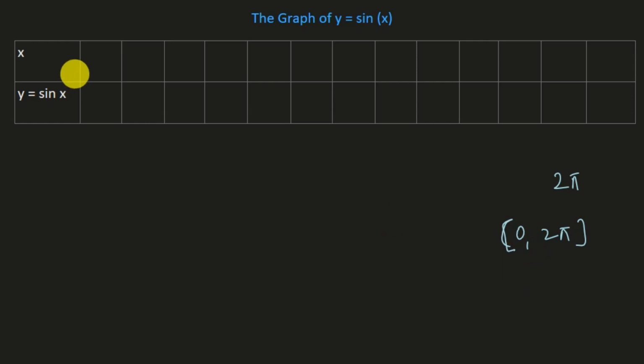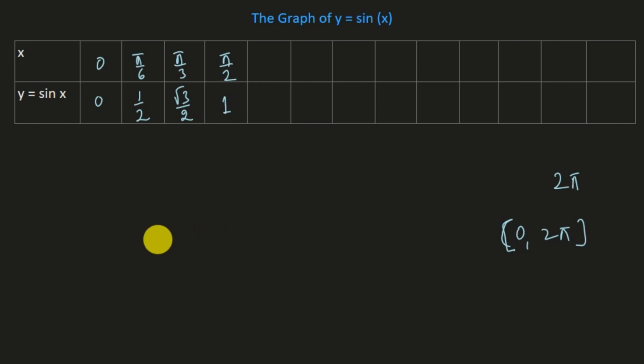So when x is 0, what is the value of y? y is also 0, because sine 0 is 0. Now when x is pi by 6, then y would be 1 over 2. Then pi by 3, then y is square root 3 over 2. Then pi by 2. Now sine pi by 2 is 1.